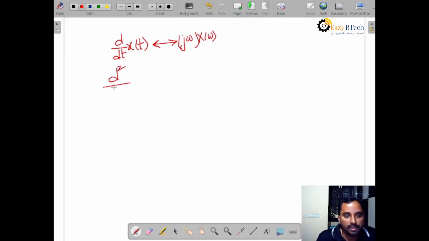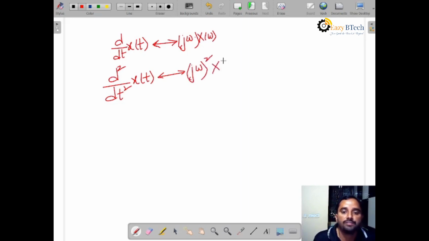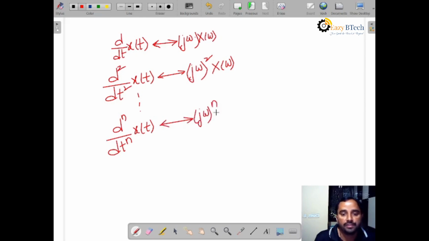So d square by dt square of x of t, Fourier transform, will become j omega whole square X of omega. Likewise, d power n by dt power n of x of t, Fourier transform, will become j omega power n X of omega.